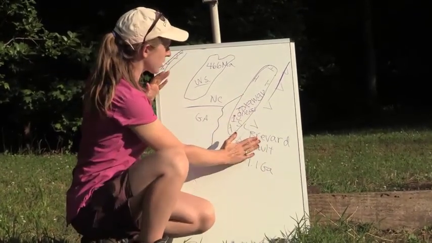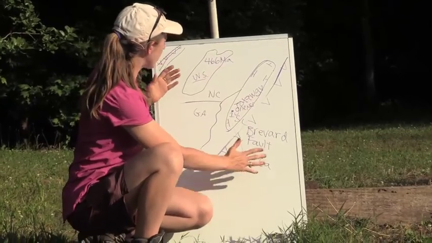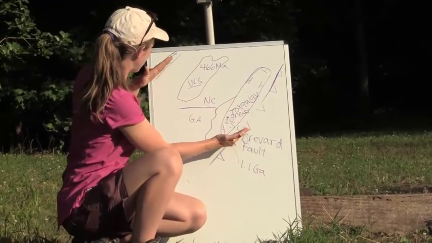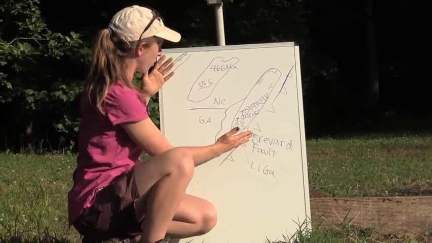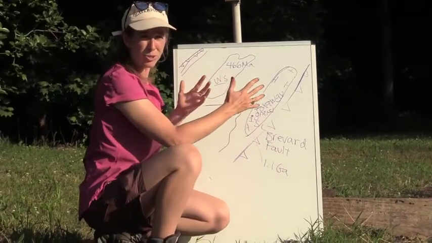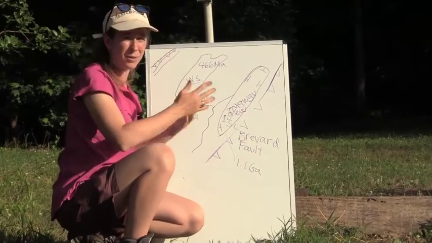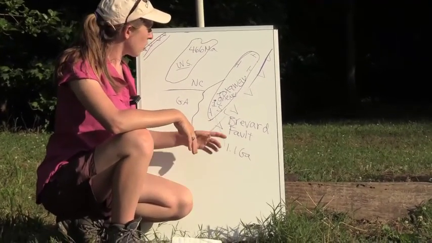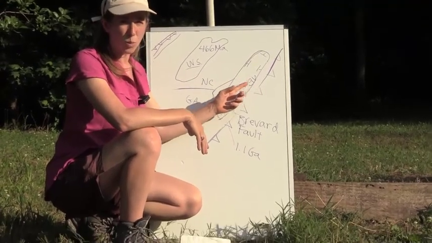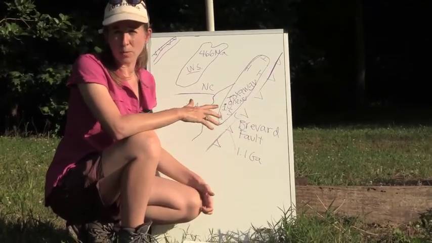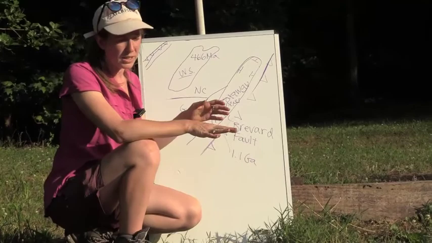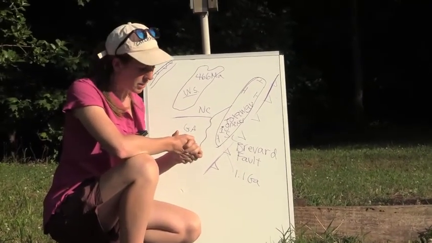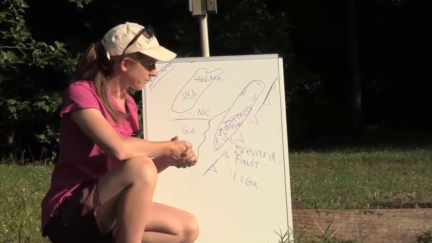So each of these thrust faults is dipping eastward, and the Toxaway gneiss and everything basically in between the Chattahoochee thrust and the Brevard thrust is part of a large thrust sheet that was transported in from somewhere towards the east. So we don't really understand where the Toxaway gneiss came from, what its roots are. It's basically chopped off by a thrust fault at depth, and so it's a bit of an enigmatic feature.